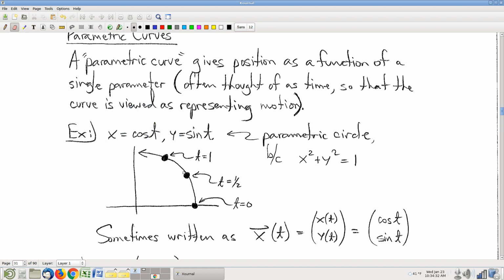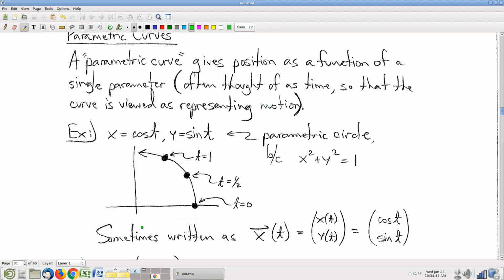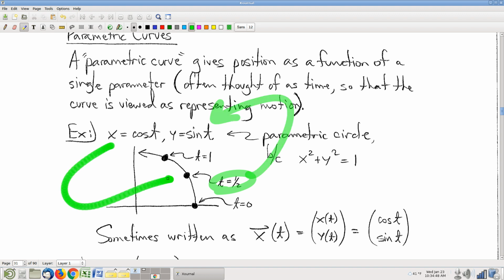So, position as a function of time. You can start plugging in values. Plug in t equals 0, out comes a certain point, namely that point. Plug in t equals a half, plug into the equations, out comes an x and a y, namely a point. And repeat, do this all you want.